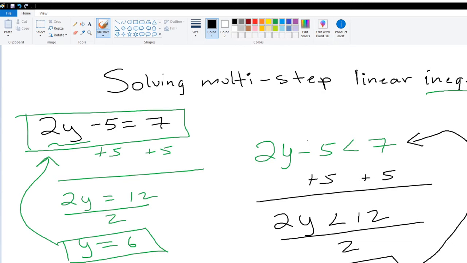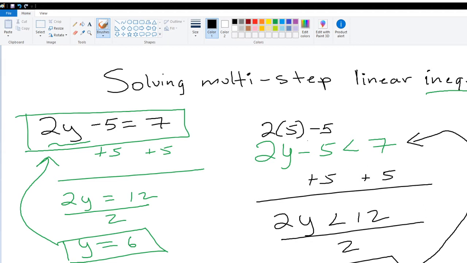So a number less than 6 could be 5, because if I take 5 and plug it in for y here, 2 times 5 is 10, minus 5 is 5, and 5 is less than 7. So anything less than 6 would satisfy this inequality.